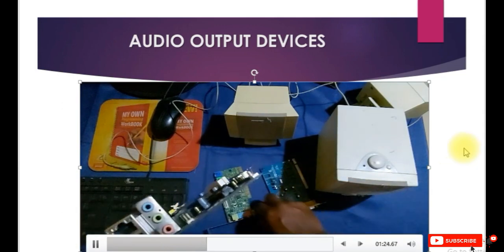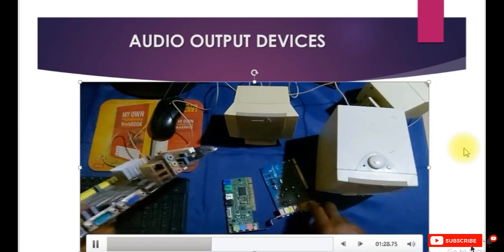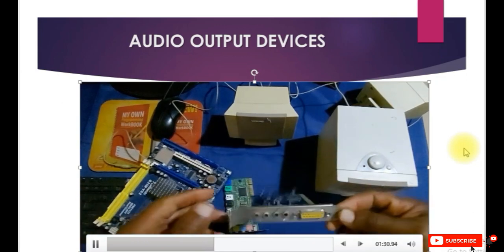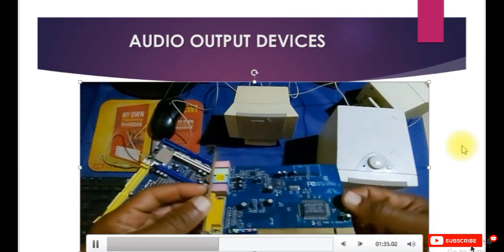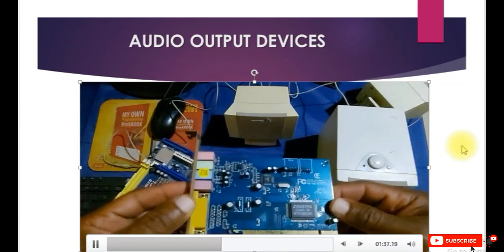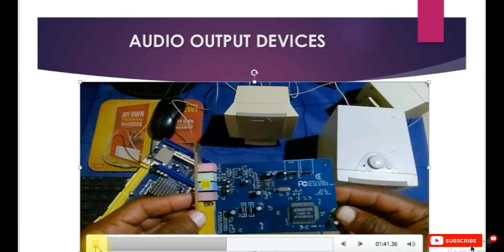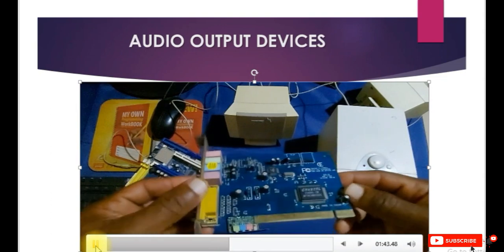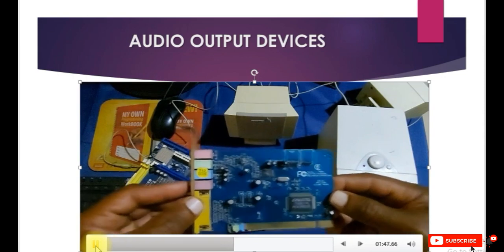Typically they come built onto the main board, but in a situation where you want better sound quality, you may want to go to the store and purchase another sound card, because these sound cards do give different sound qualities. It's similar to how you may purchase a smart TV, but you may want some surround sound.